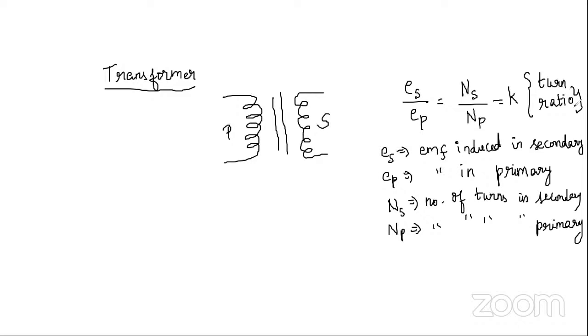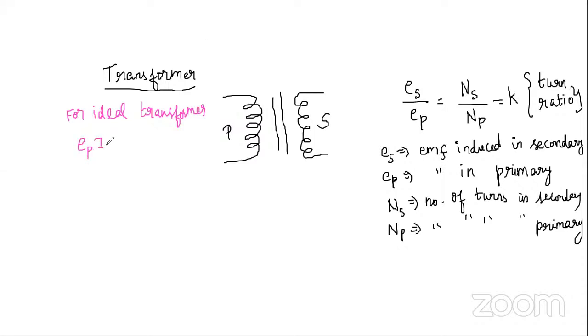And for an ideal transformer, you will have this equation as well. For an ideal transformer, your input power will be equal to output power. Input power means EP into IP, that is, the EMF across the primary into the current across the primary.